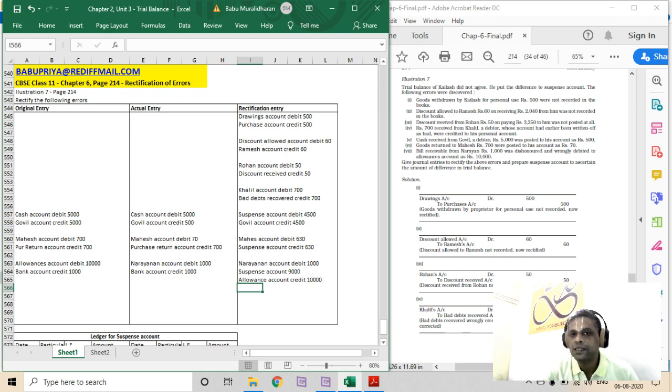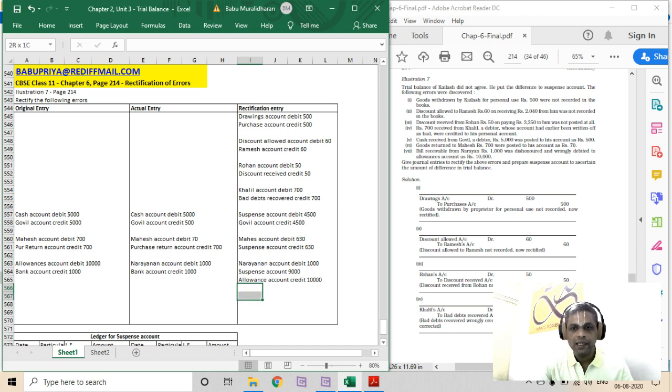Because Narayanan account has to be debited, and allowances account has been incorrectly debited, so reverse allowances account 10,000 and debit Narayanan account 1,000. The balance is nothing but suspense account. Suspense account has to be debited with 9,000 rupees, right?